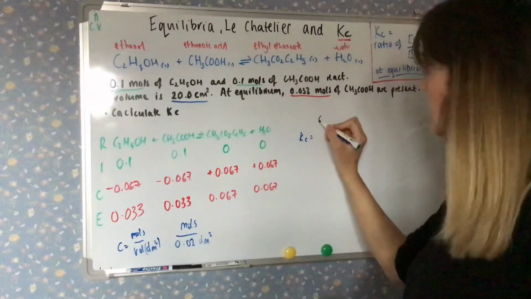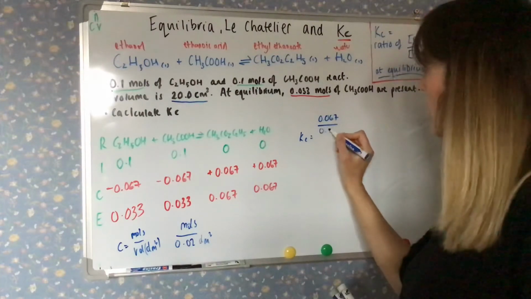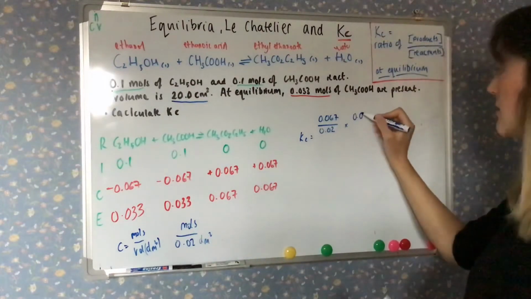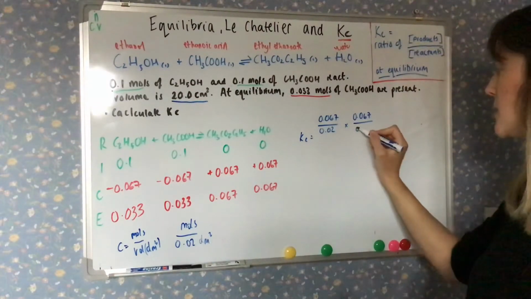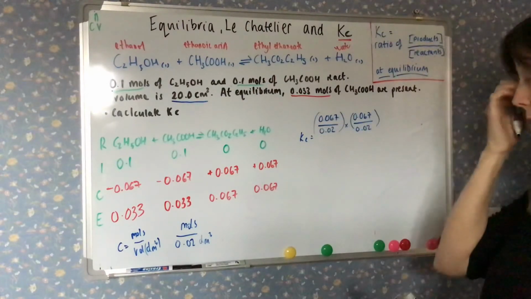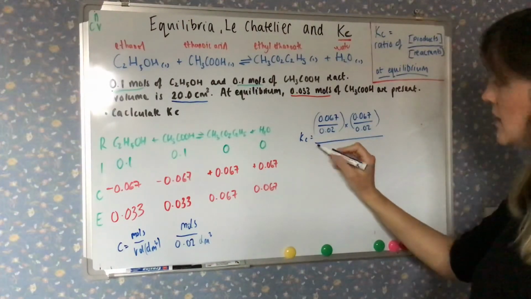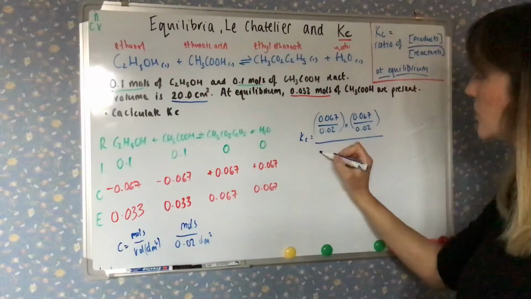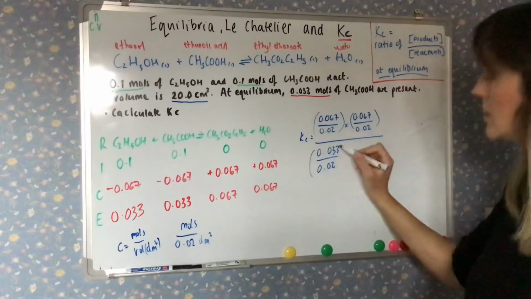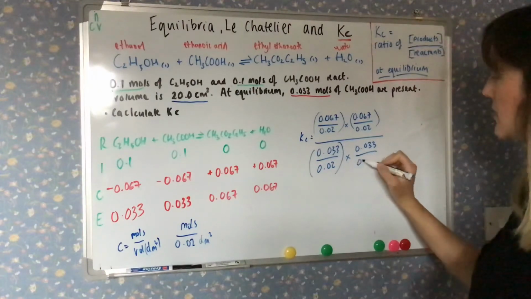So we've got 0.067 divided by 0.02 times 0.067 divided by 0.02. I'm going to put it in brackets. I know that you don't need all of that, but it just makes it a bit easier to see. And then underneath we've got our reactants. So we've got 0.033 divided by 0.02 times 0.033 divided by 0.02.